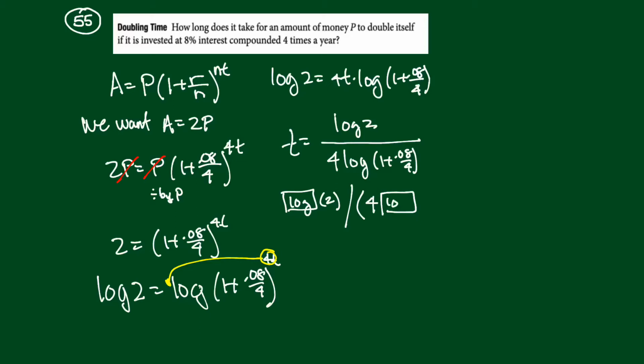Press the log key, you get a parentheses, put in 1 plus 0.08 divided by 4, close. Now that closes that one. Now close the entire denominator. And I'm coming up with t equals, I'm going to round this off, 8.75.